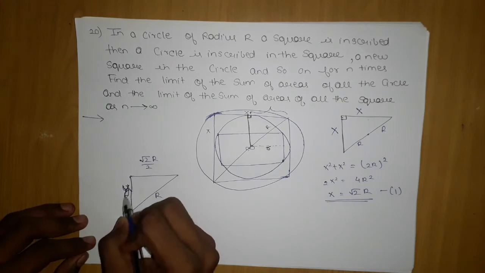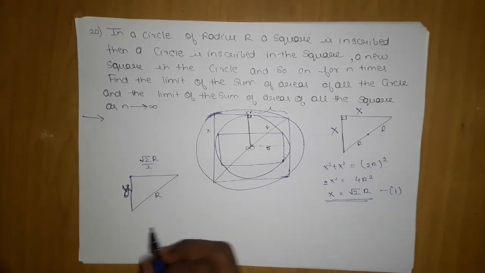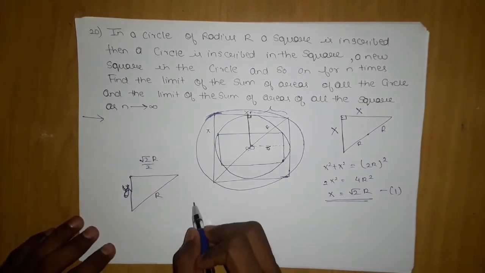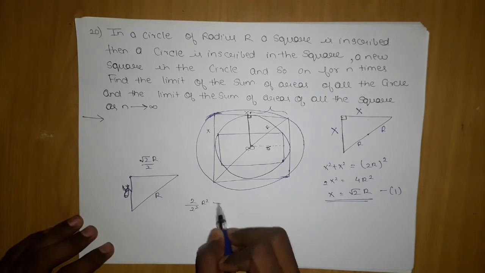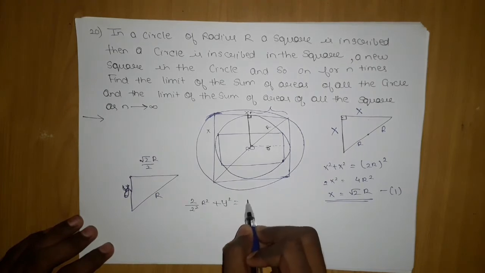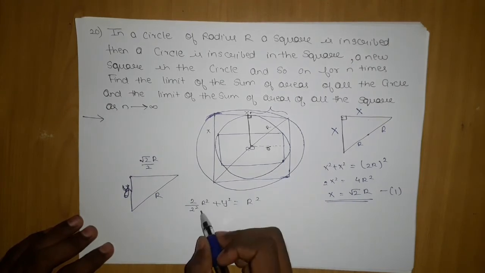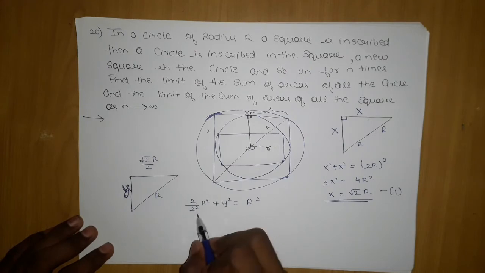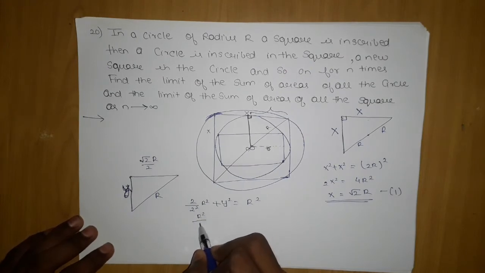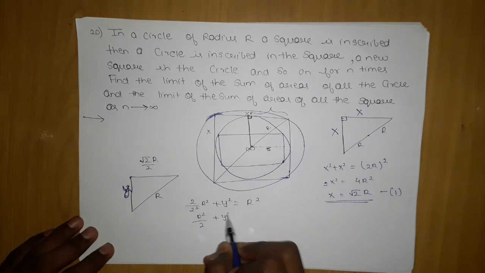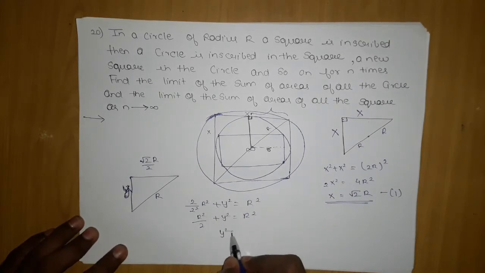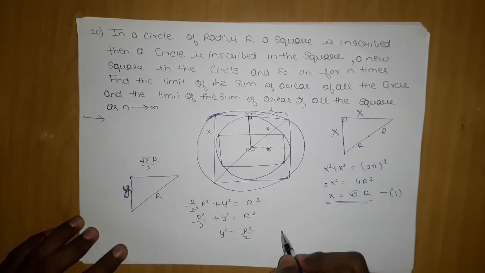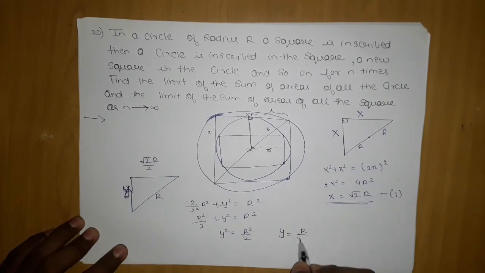We will not call this x, we will call it y. If we do this, then root 2 upon 2 whole square into r square plus y square should be equal to r square, giving us finally r square by 2 plus y square equals r square, giving y square equals r square by 2, giving y equals r upon root 2.